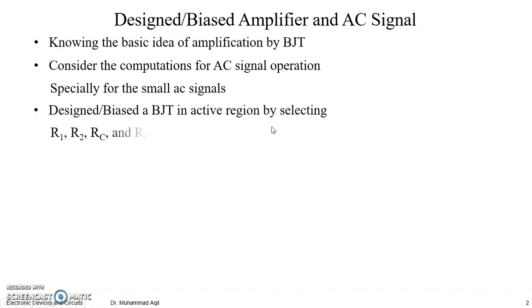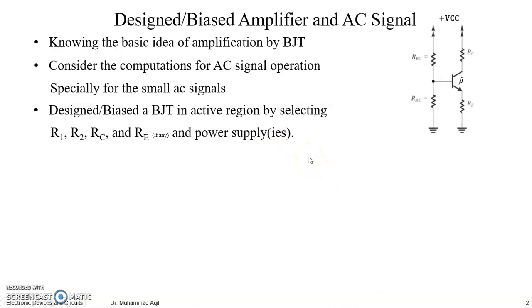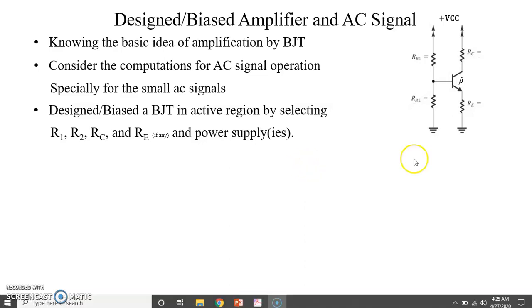So we have already designed a BJT in the active region because we want to design it for amplification, right? Amplifier design requires the biasing of the BJT in the active region, and for the active region we have to ensure the forward biasing of the base to emitter junction and reverse biasing of the collector base junction.